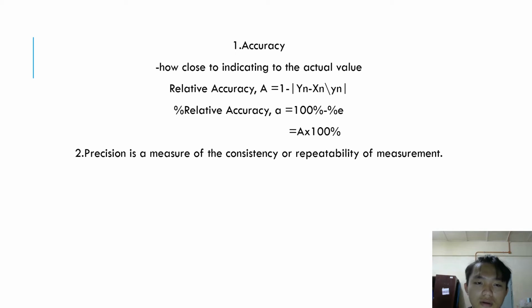Number two, precision is a measure of the consistency or repeatability of measurement.